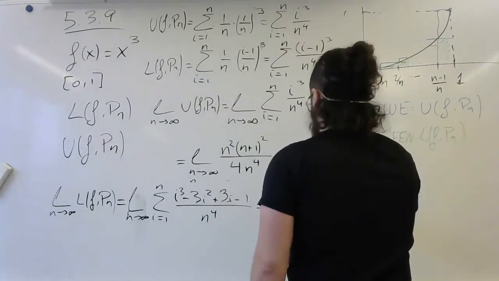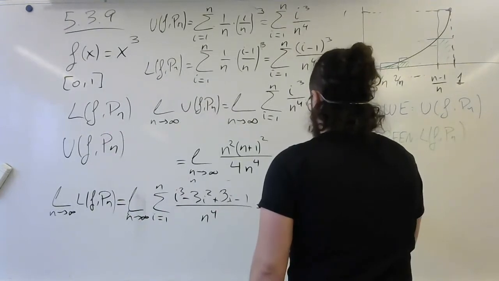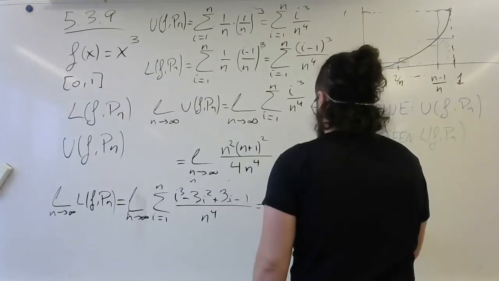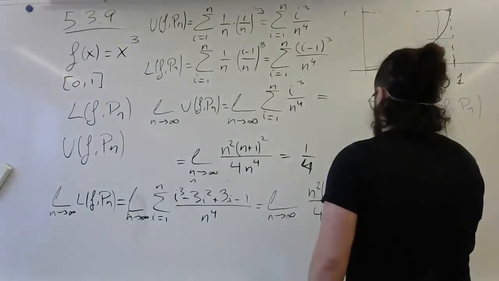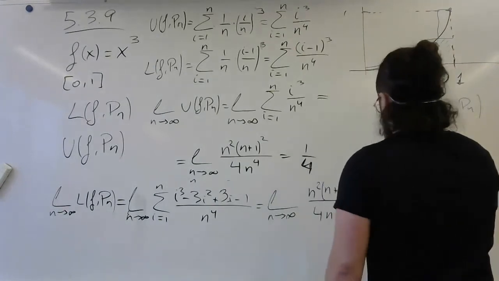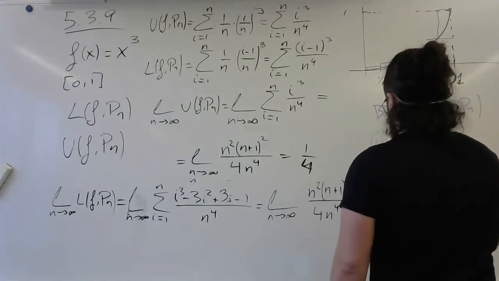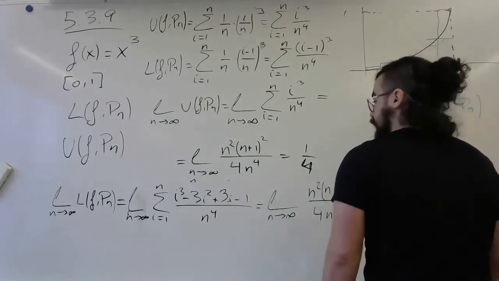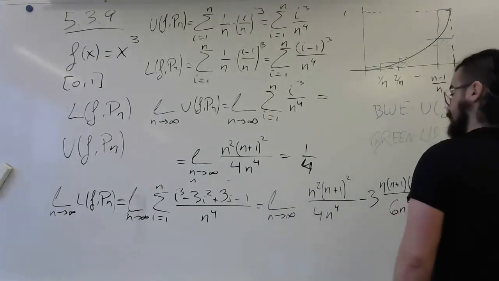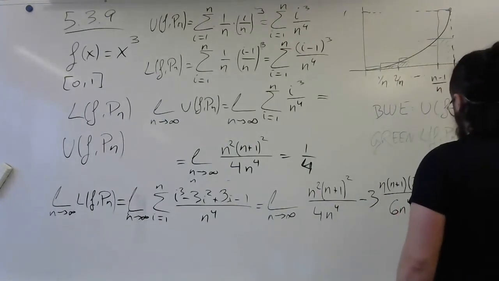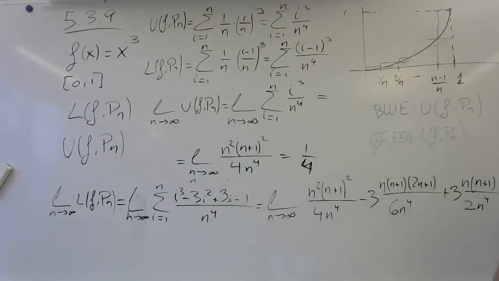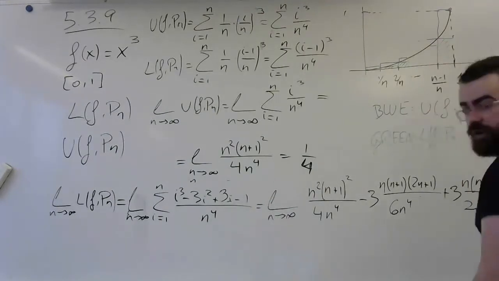So this sum, minus 3 n plus 1 squared over 6 n^4, plus 3 n plus 1 over 2 n^4, and minus n over n^4.